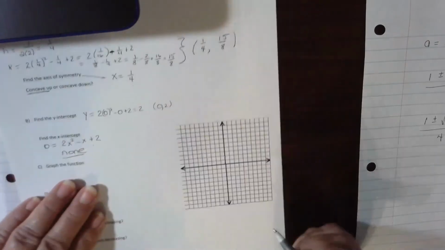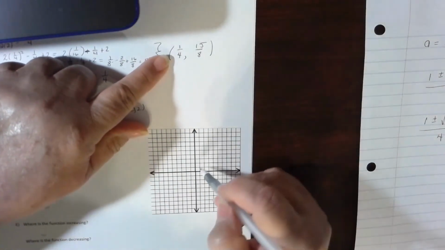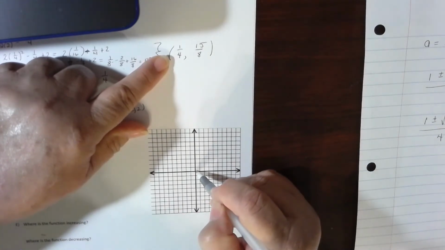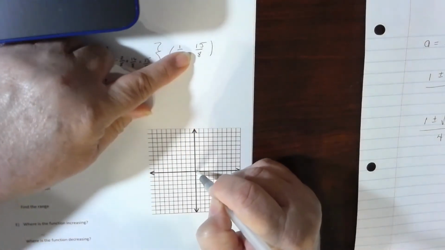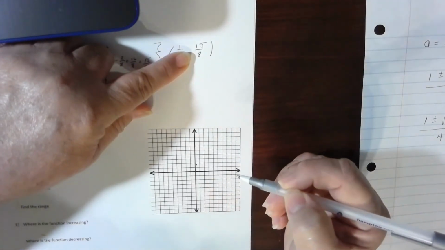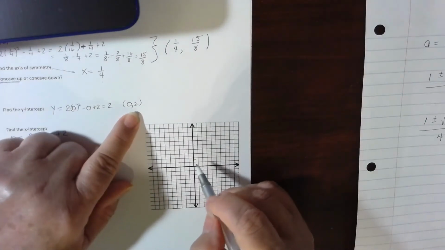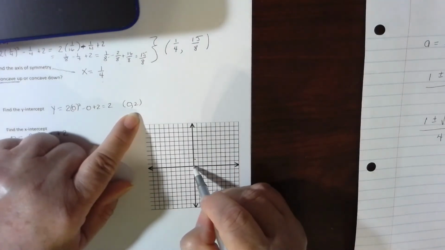Okay? Well, what do we know? We have this fraction, 1/4, which is about right there, and that's almost 2, so I'm going to put it about right there. Y'all see that? And then I have this point, 0, 2.